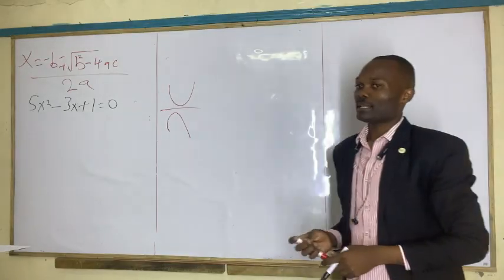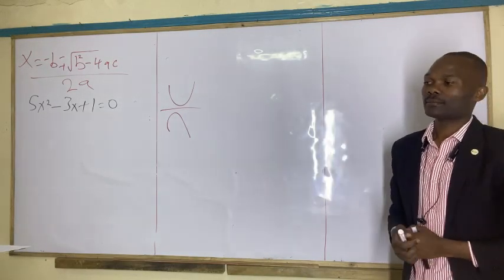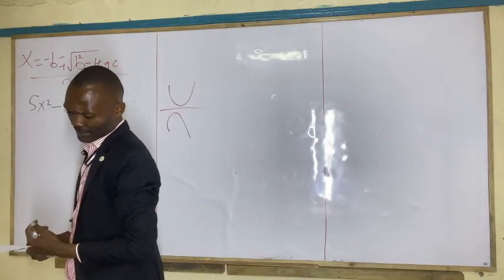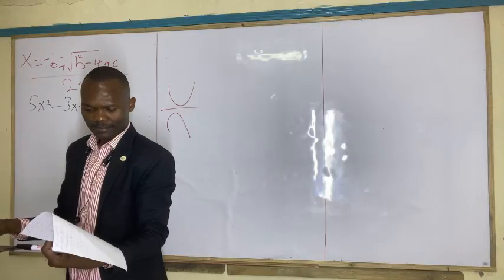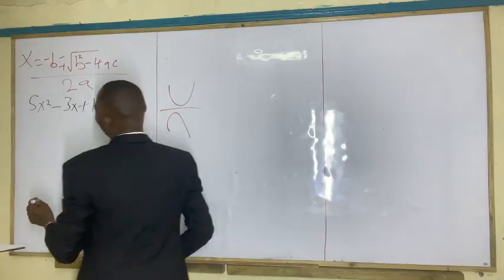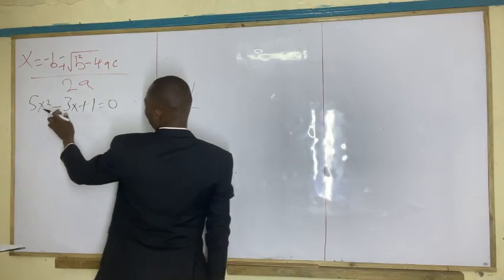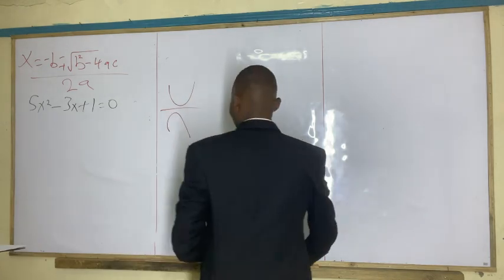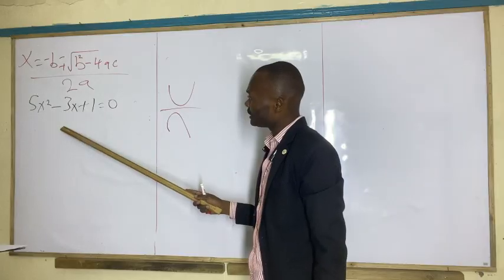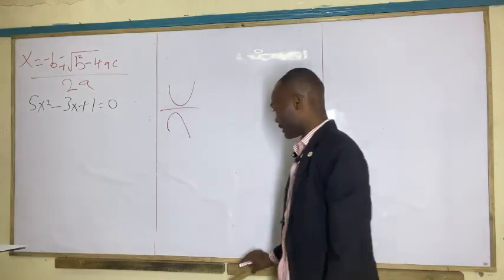In other words, there is something called A, B, and C. This is the coefficient of A, that is the coefficient of B, and that is the coefficient of C. Hope we are clear.